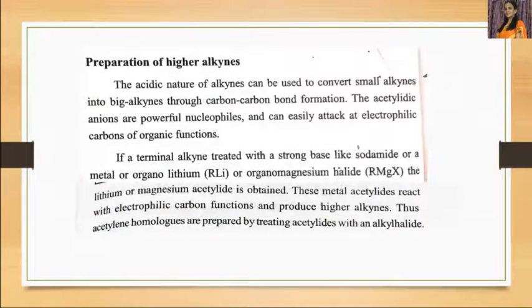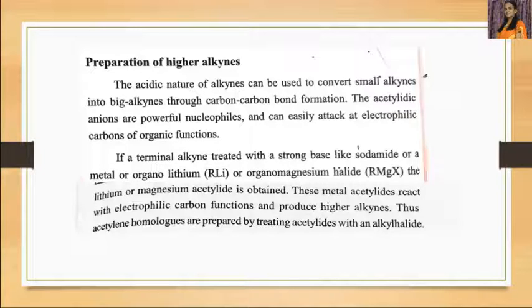Now, let us see the preparation of higher alkynes. How are they prepared from these acetylides? Let us discuss. The acidic nature of alkynes can be used to convert small alkynes into big alkynes.